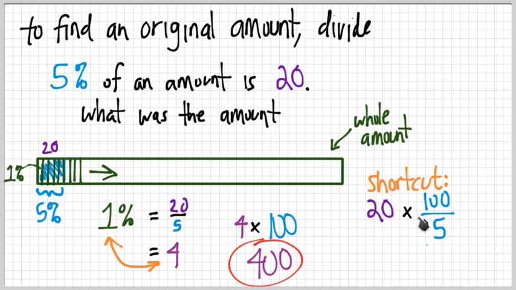So 20 times 100 over 5. 20 times 100 is 2,000 divided by 5 is 400. Or you could first do 20 divided by 5 is 4 times 100. So that's the answer.